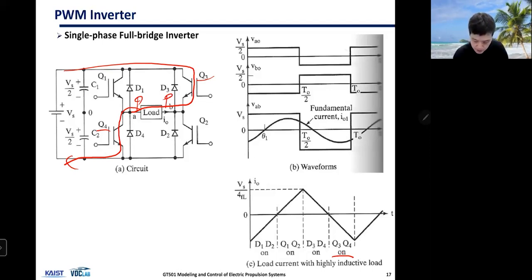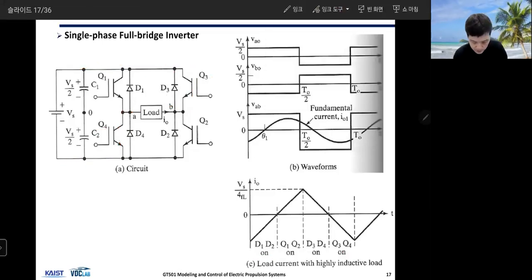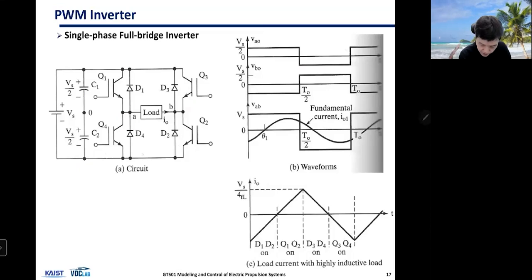and then as a last step, if you open Q3 and Q4, then you had that sort of current inertia from inductance or whatever, and now you have this type of current flow.